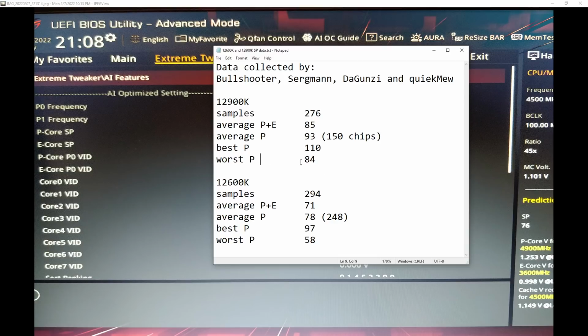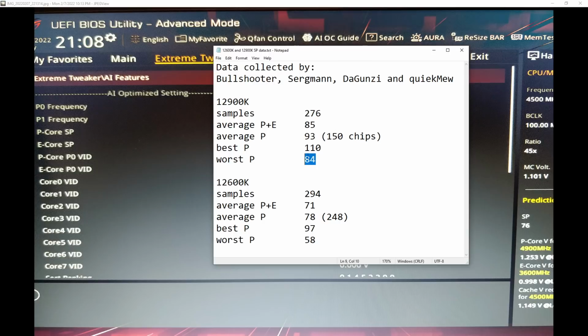The absolute worst P-cores that they found amongst these 276 12900Ks had an SP rating of 84, which is terrible. My CPU tops out in Prime95 small FFTs with a custom water cooling loop and liquid metal at 5.15 gigahertz.